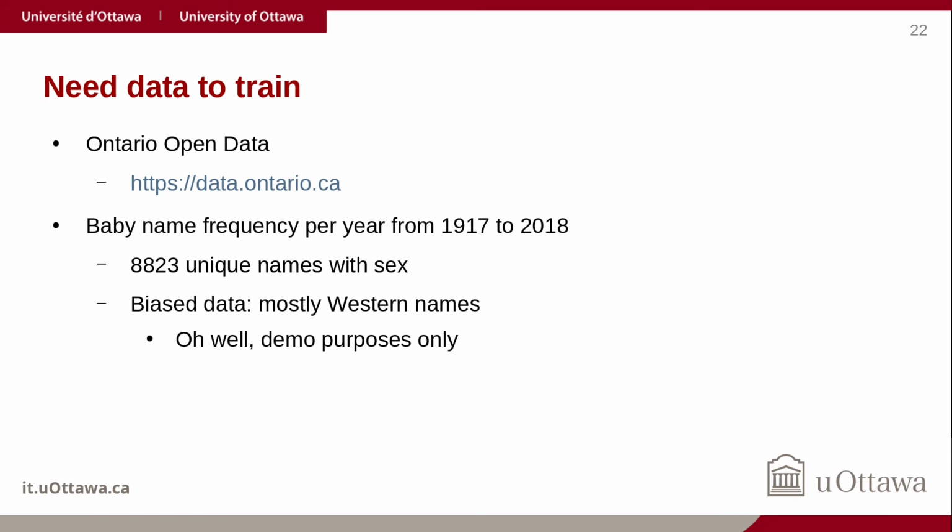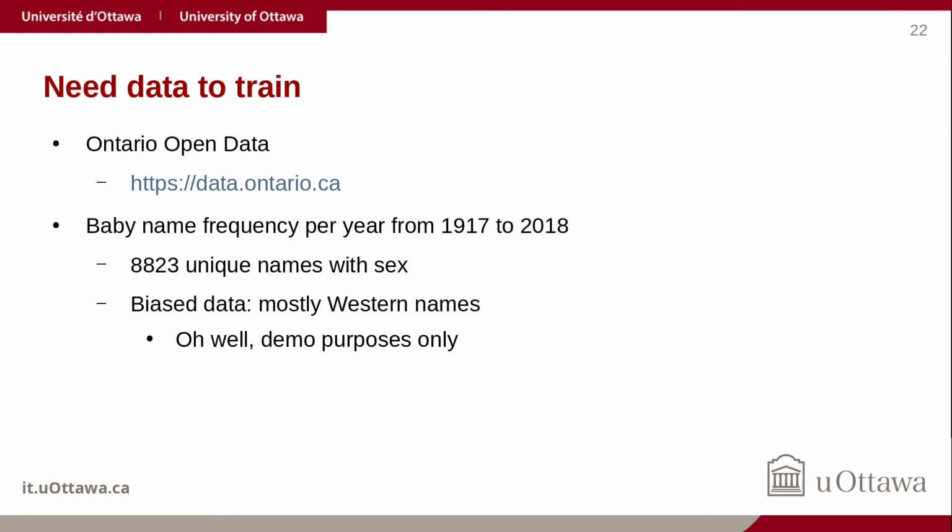If you took my previous Python or R workshops, you may recognize this data set. It shows you for every year how many babies were born with a certain name. But the thing we're interested in right now is what name corresponds to what sex. That dataset has 8,823 unique names and the sex associated with them.